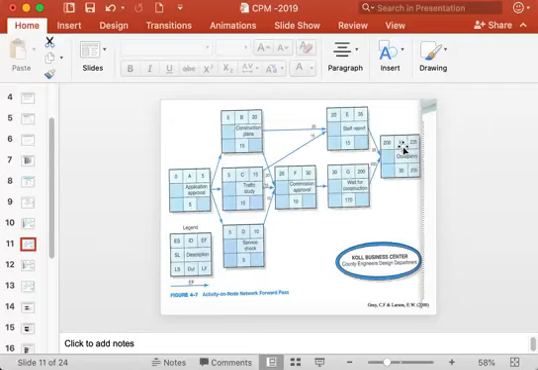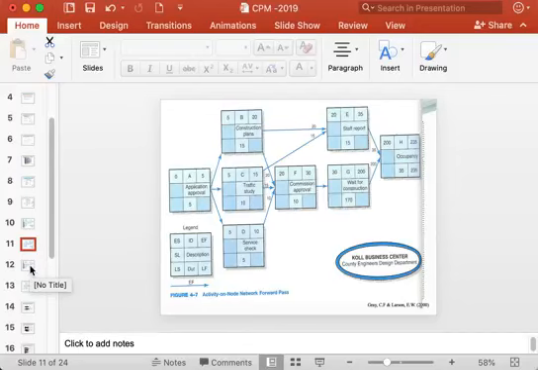Please remember, forward pass is the process of calculating all the earliest start and earliest finish times of all the activities starting from activity A till activity H, the last activity.